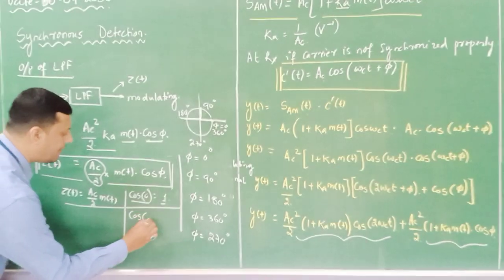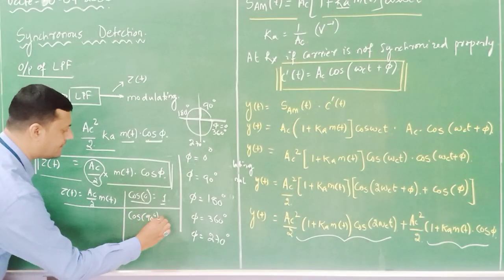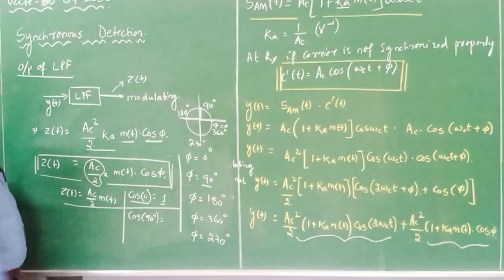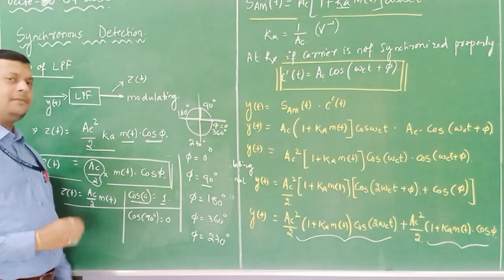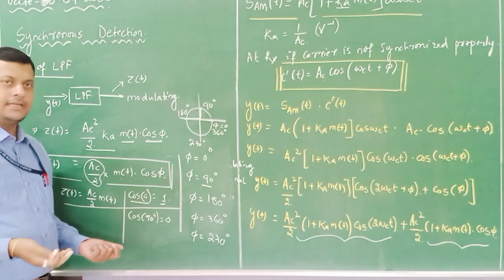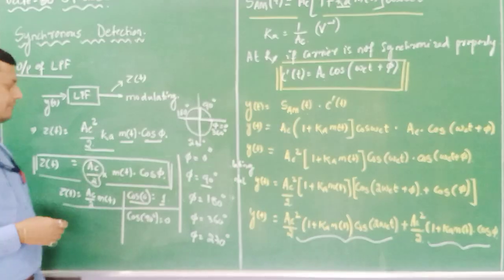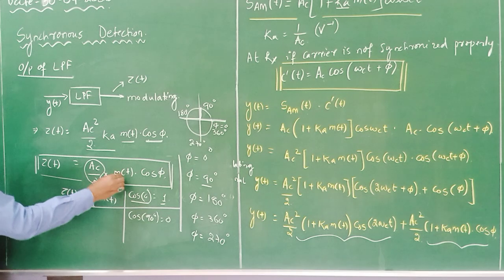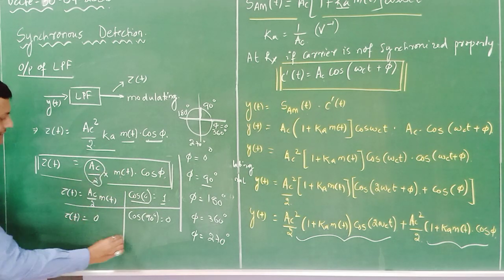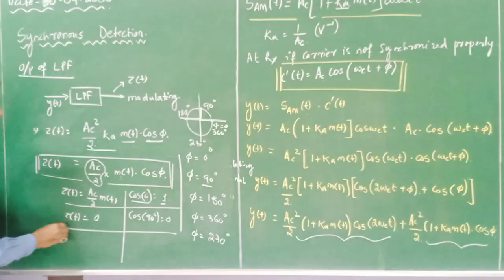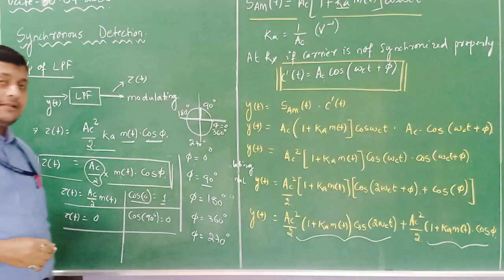Next, second, if phi is 90 degree, as we know, cos 90 is 0. So that means no output is available at the output of an LPF. If 0 is multiplied to this, then Z of t will become 0. Then why am I using this phase difference?